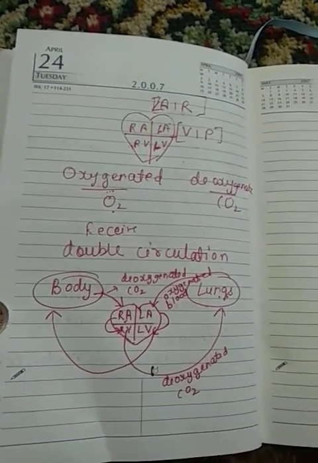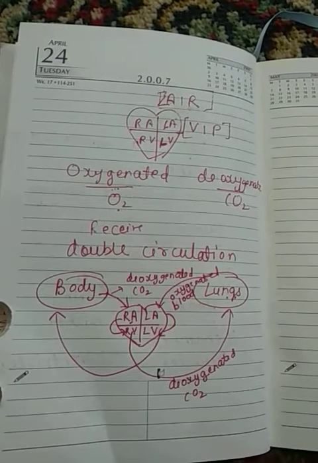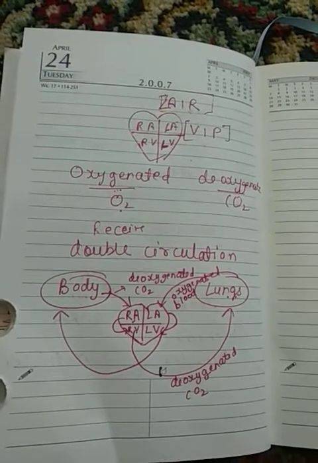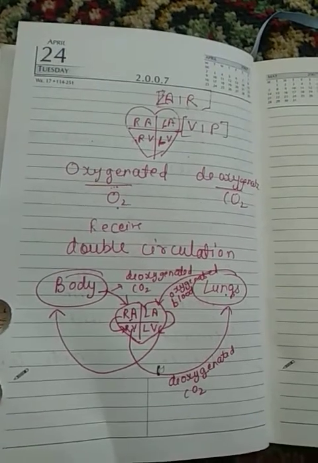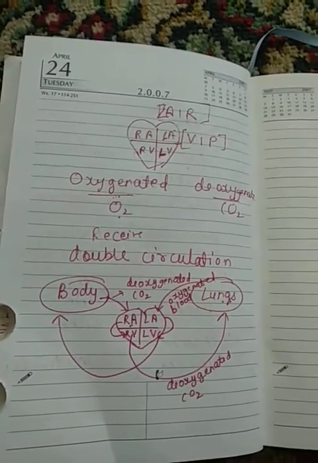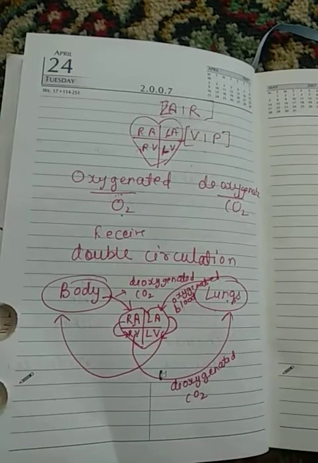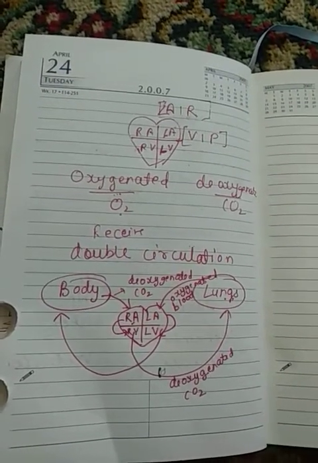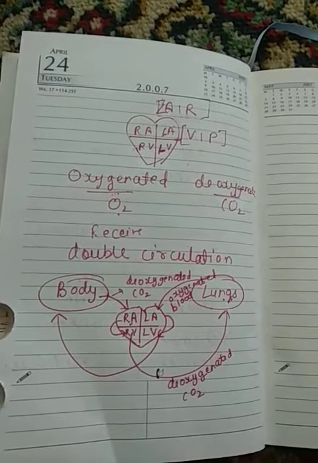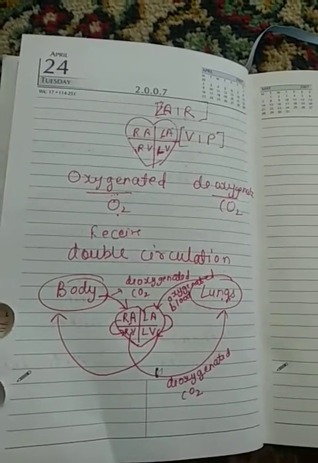That is why this type of circulation is known as double circulation, and it takes place in human beings. So the oxygenated and deoxygenated blood are never mixing with each other. Left auricle and left ventricle deal with oxygenated blood. Right auricle and right ventricle deal with the deoxygenated blood. So they are always separated.